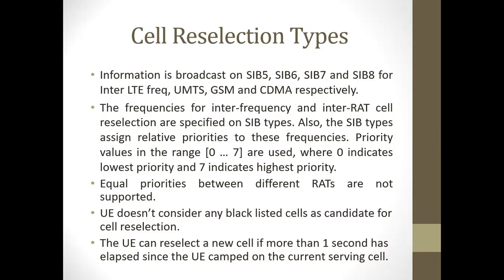SIB type 7 will give you the 2G cell list and other relevant information. SIB 7 gives 2G, SIB 8 gives 3GPP2 cells. If it's possible, then switch.